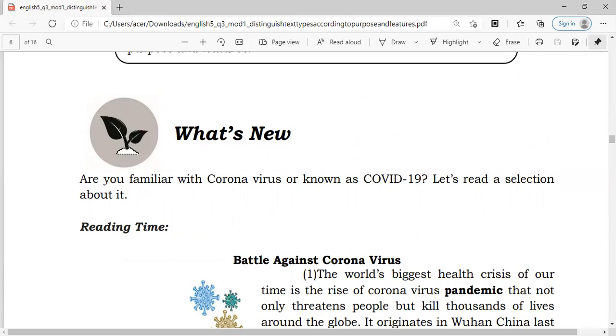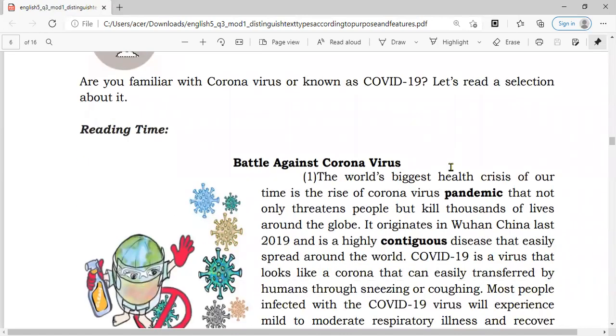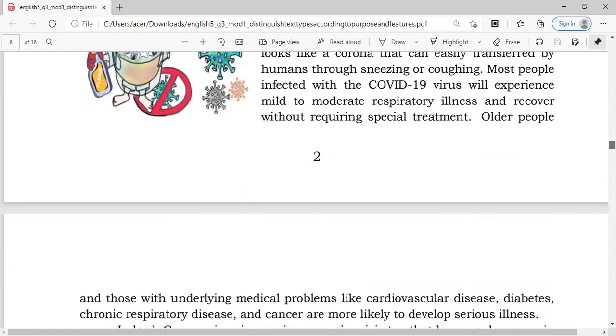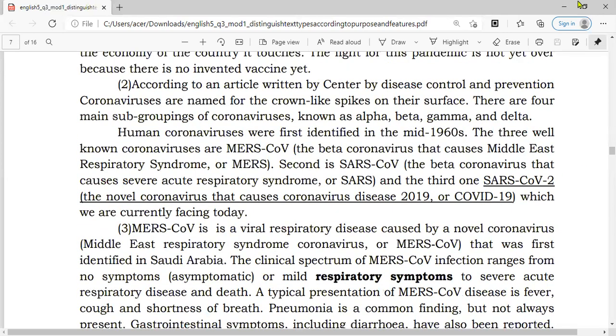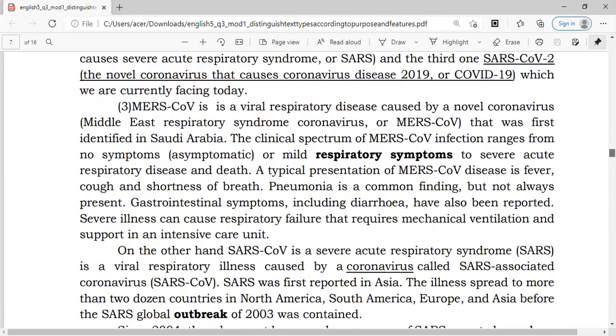Our selection title is Battle Against Coronavirus. Before we read our selection, let's know first the questions after. I'm going to give you the questions so that as we go along the story, you will be guided on what to do.